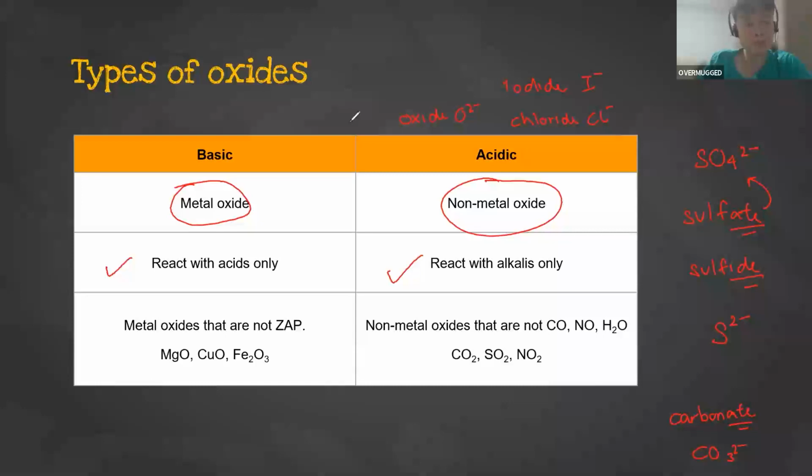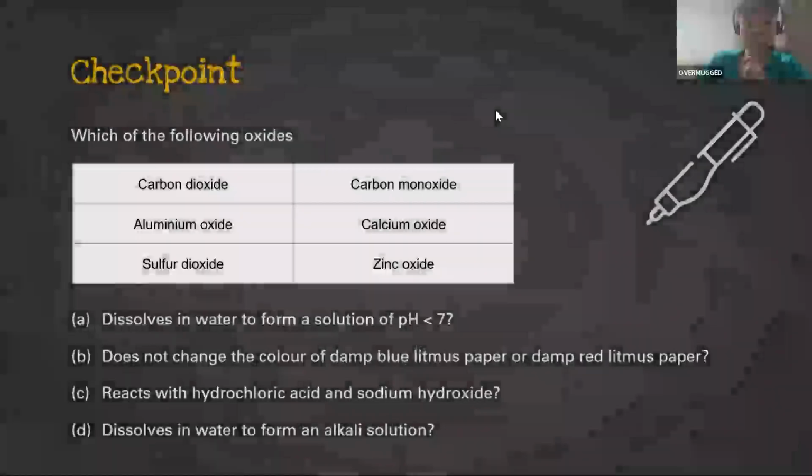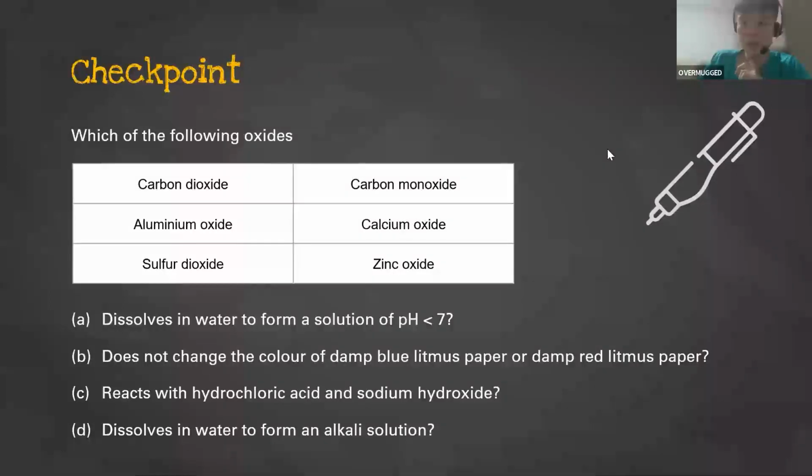Both metals and non-metals have A inside. Okay, wait, I go on first. I think the rest can try this. Y'all can try this.